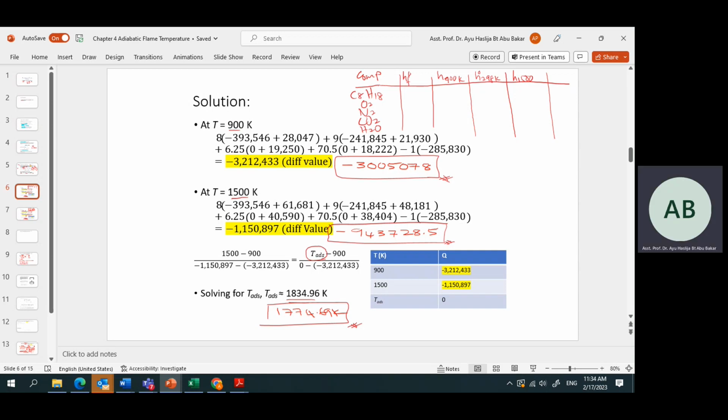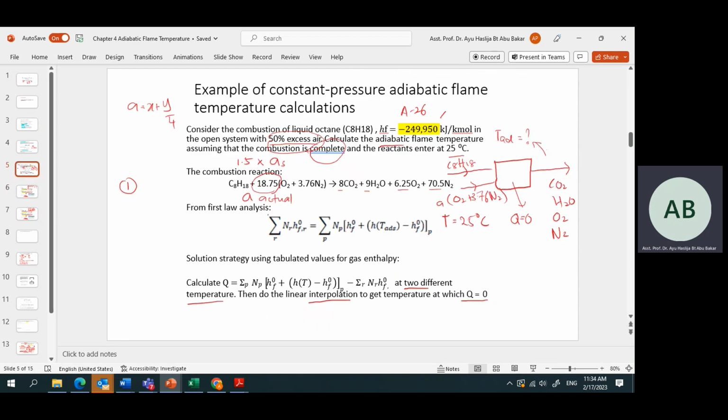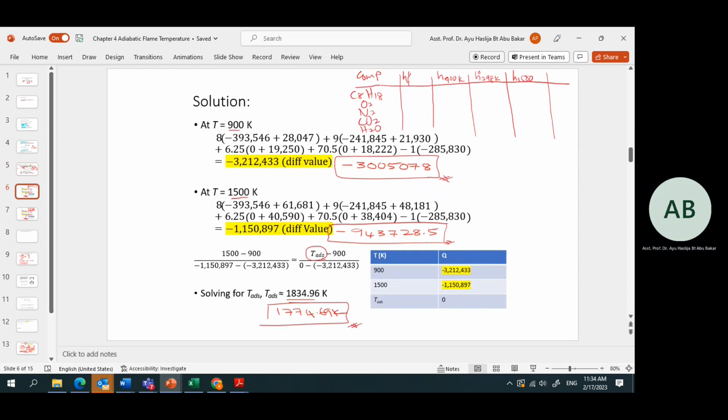The heat of formation for liquid octane is given in the statement over here, 249950. Okay, find the rest using the thermodynamic properties table.